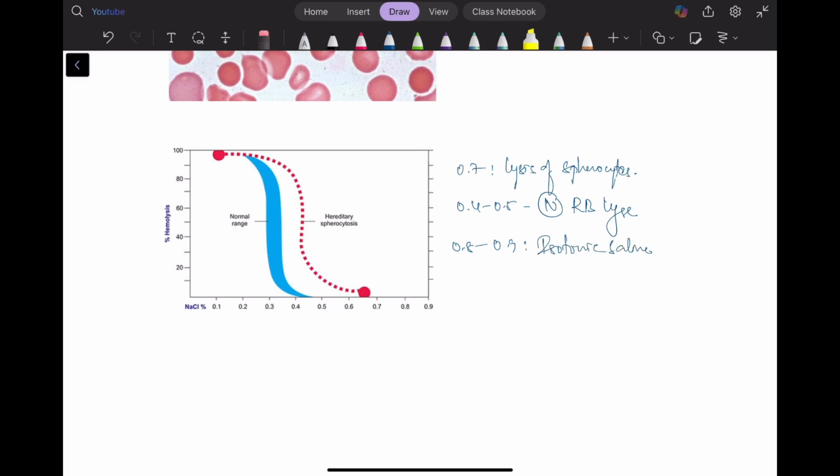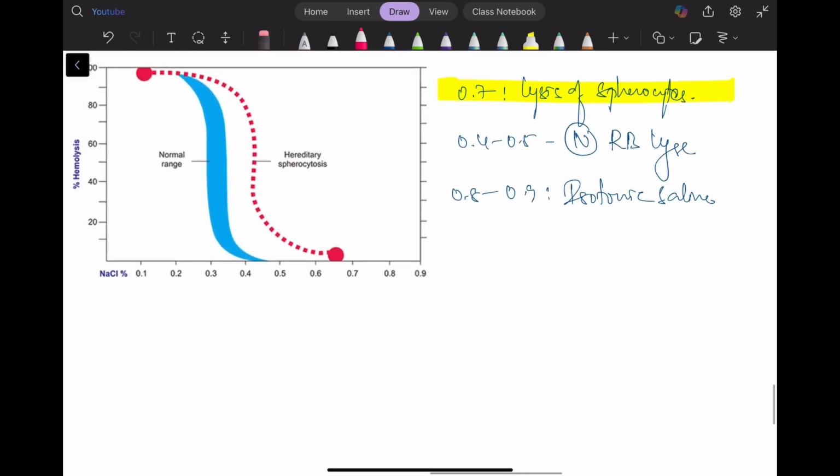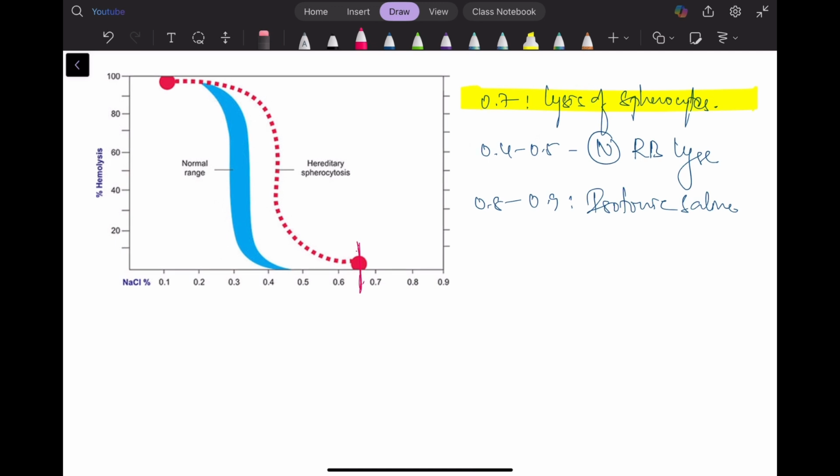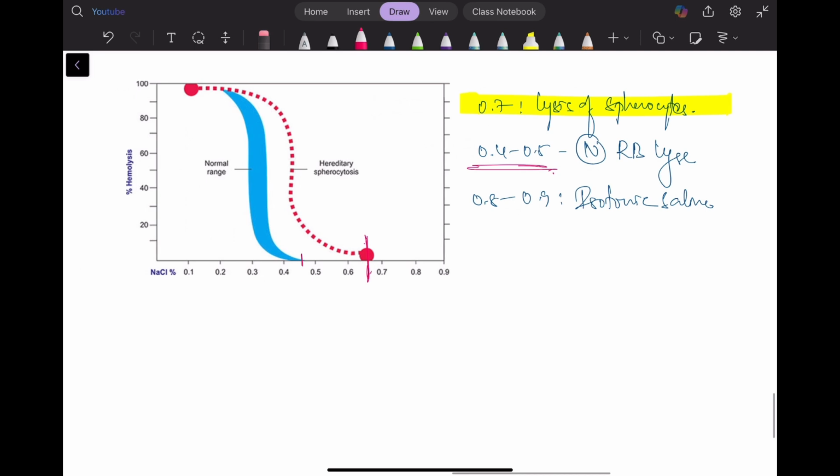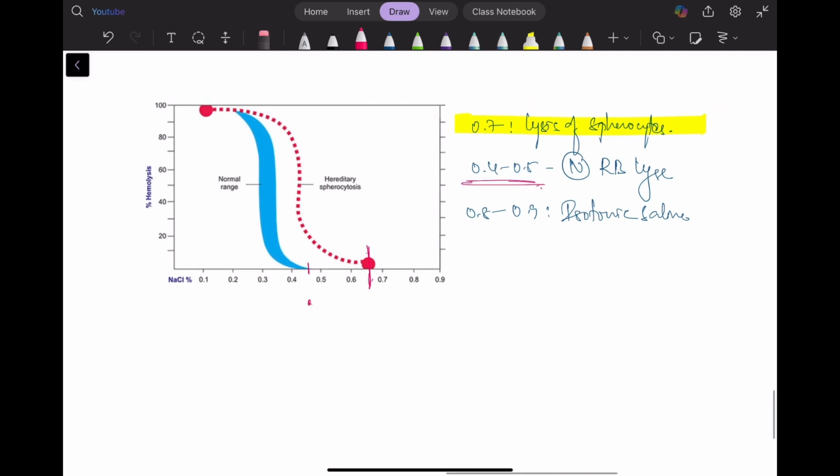So focus on this 0.7 lysis of spherocytes. There is no fancy magic, something happens here. At this point lysis happens, and normally RBCs lyse at this range. So it goes from here to here.